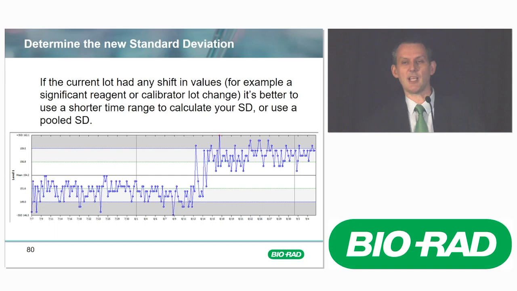So even if you have an example like this, it might be better to just use this last part of the standard deviation of the instrument. Or what you could also do is break this up into two groups with each their individual standard deviation, and then you can use the pooled formula to combine those together.